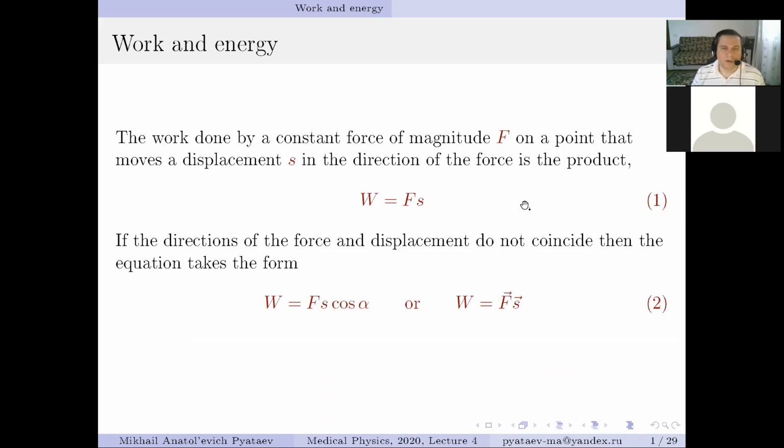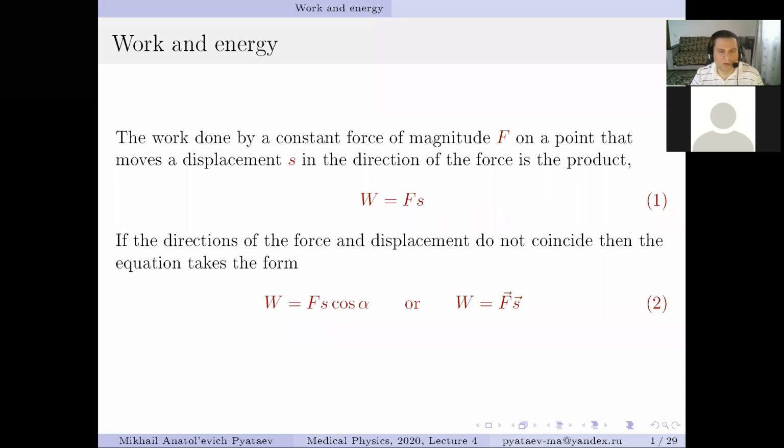Okay. So, once again, we will discuss the important concept of general mechanics, which is work and energy. Energy is so important a physical value that it is connected to different fields of physics.